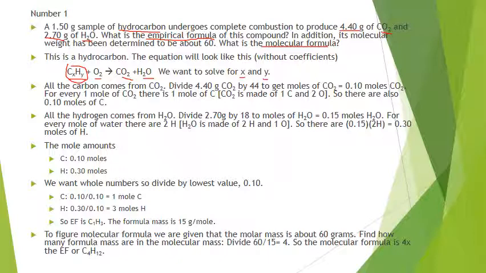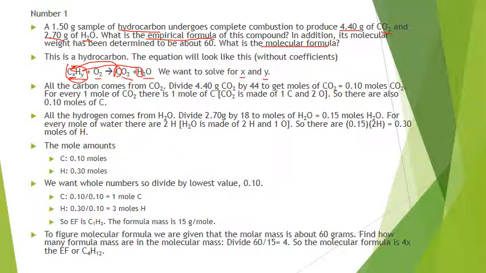So here we go. The first thing you do: all of the carbon has to come from carbon dioxide. Here's carbon dioxide, which has a carbon, and that carbon started out here. And all the hydrogens in the water had to start out with this H. So that's how you're going to do it.